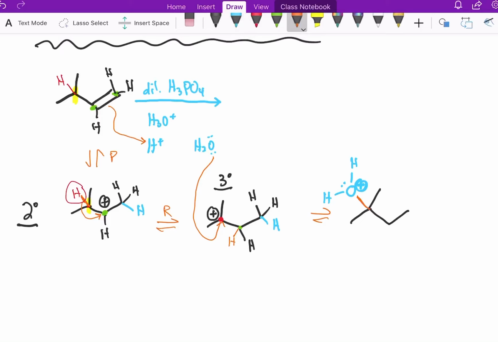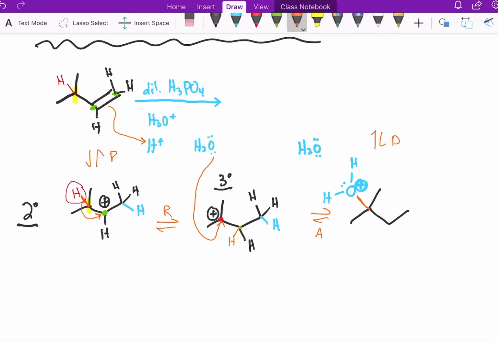What do we do to finish the mechanism, right? So that was an attack step. To finish the mechanism, we're going to deprotonate the H, keeping the electrons. So I'm going to take H2O, 2 lone pairs.